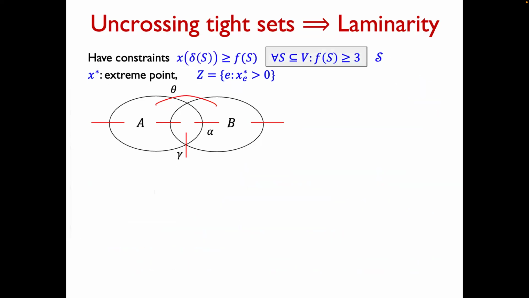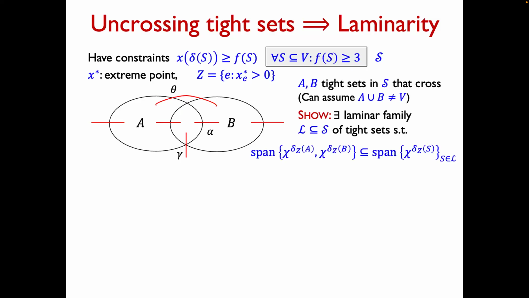Now we have just this collection, which I'll call script S. I put labels on some other groups of edges, which we will need. So again, our goal now is, we have these tight sets in our collection that cross, and we again want to find a laminar family of tight sets from our collection such that this span properly holds.